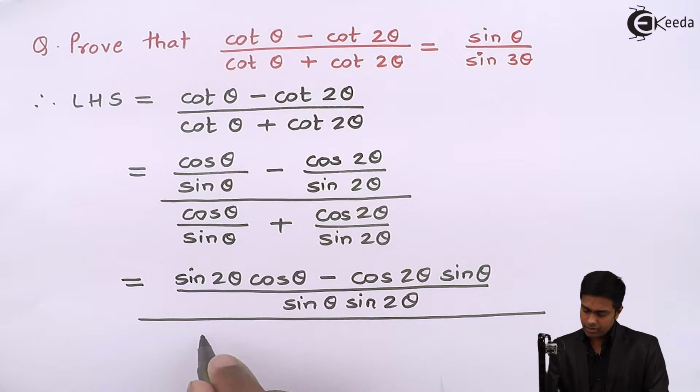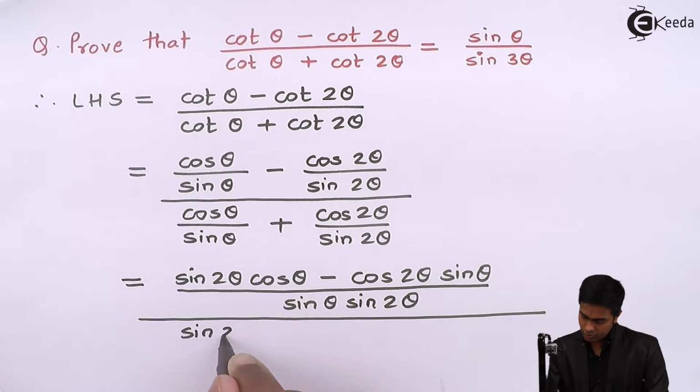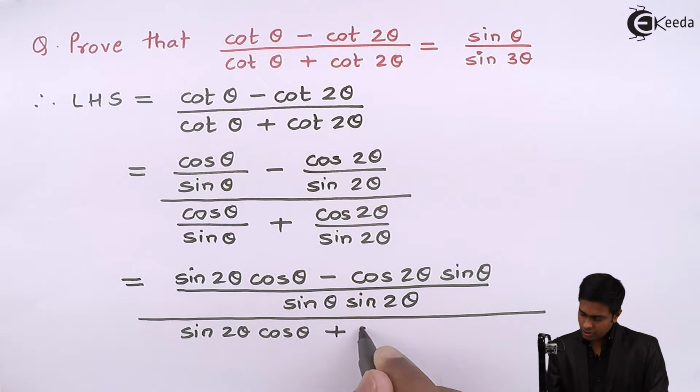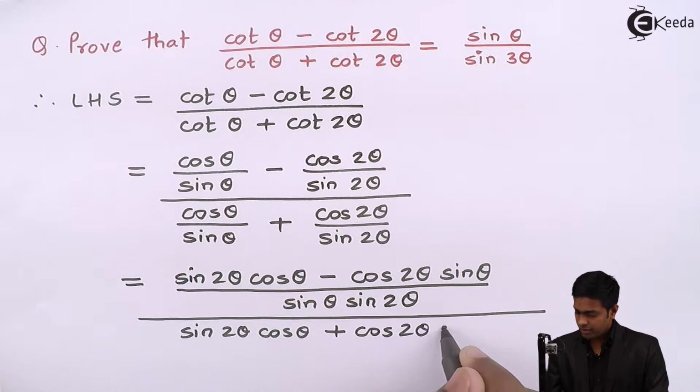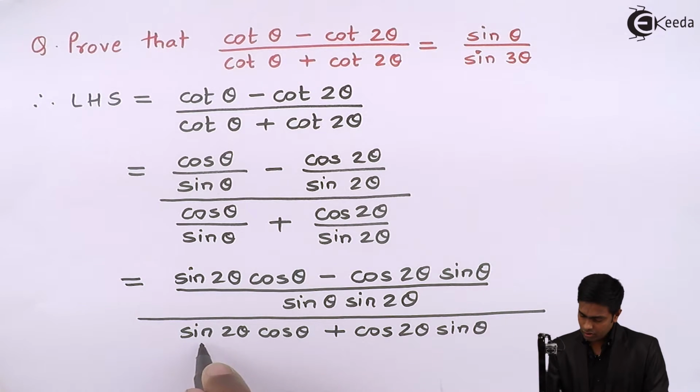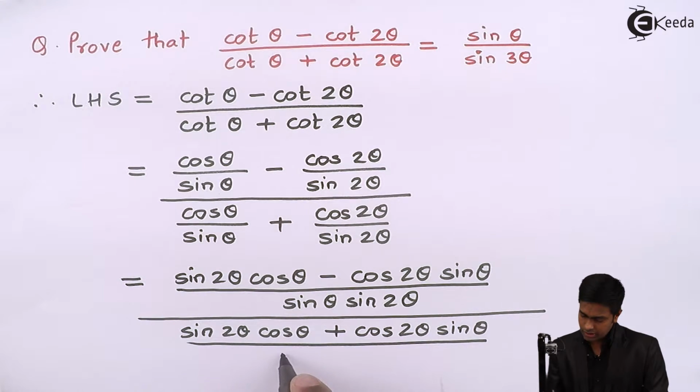So we will get sin of 2 theta into cos theta plus cos of 2 theta into sin theta, upon sin theta into sin of 2 theta.